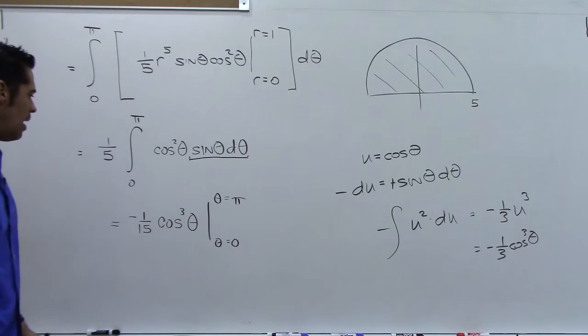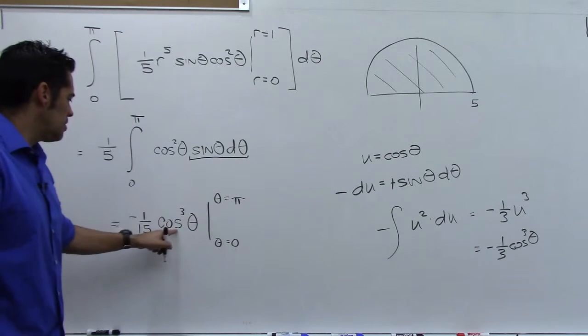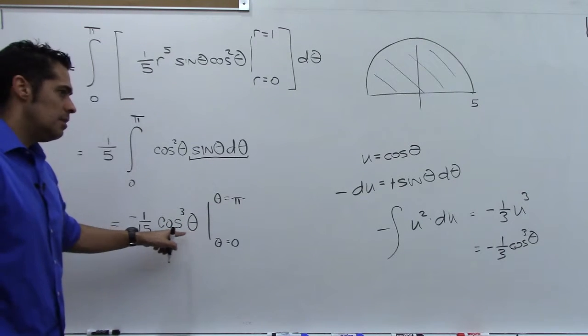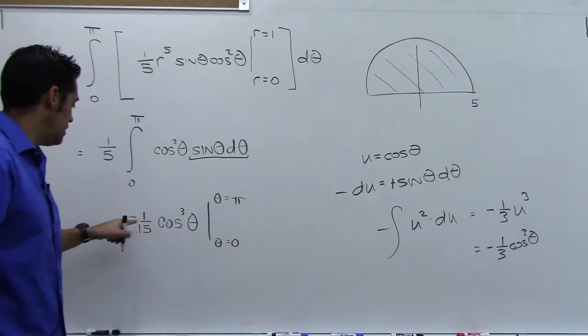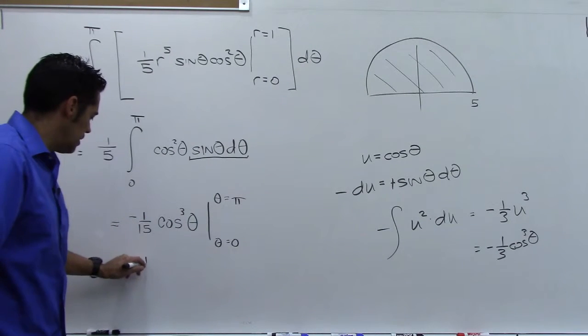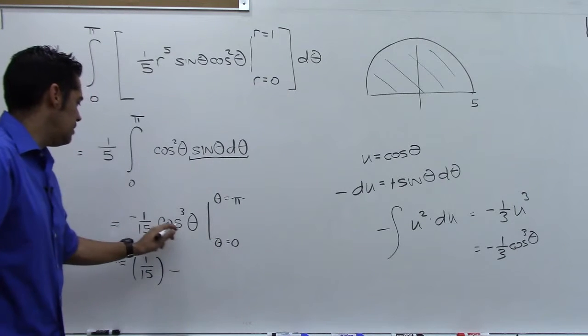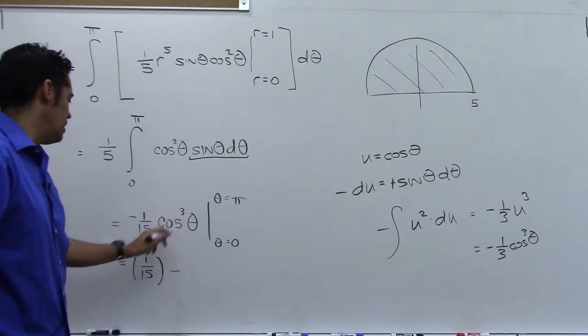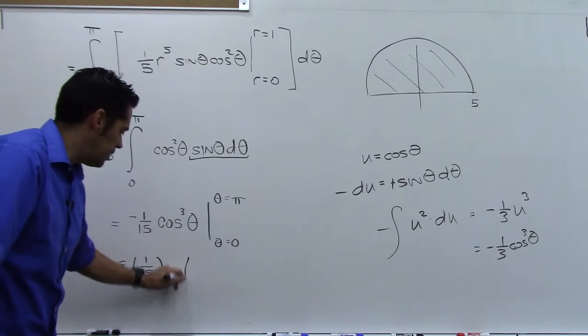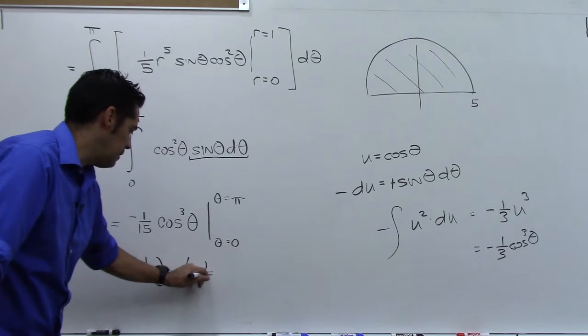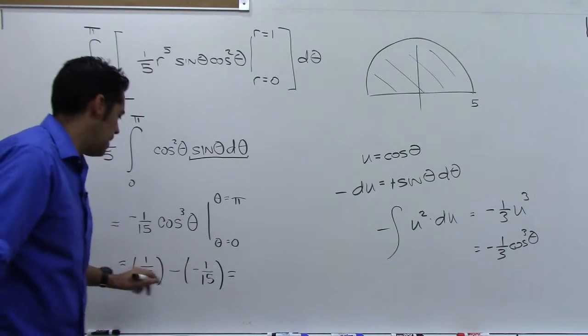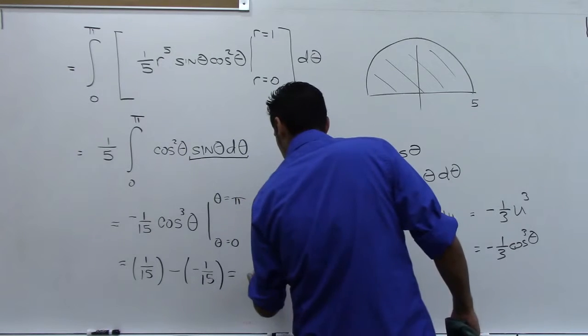And when I plug in pi, cosine of pi is negative 1. Negative 1 cubed is negative 1, times negative 1/15 gives me 1/15. Minus cosine of 0 is 1, cubed is 1, times negative 1/15. So I get minus negative 1/15. So those add up to be 2/15.